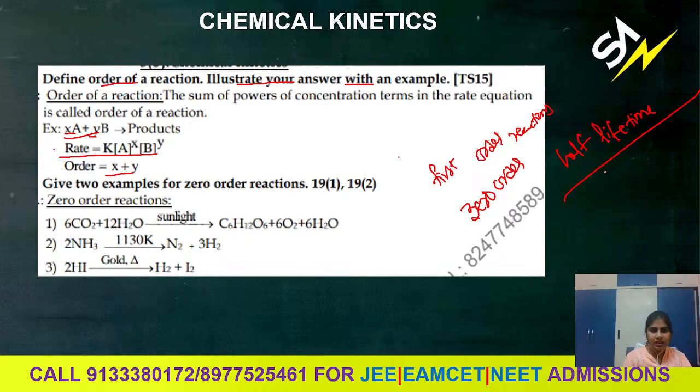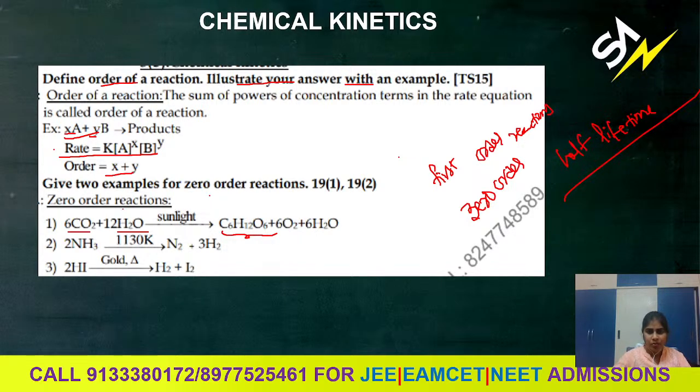Here what is given? Give two examples for zero order reactions. It means the sum of the exponents will be zero in such reactions. Here we have a reaction of how glucose is prepared from carbon dioxide and water.